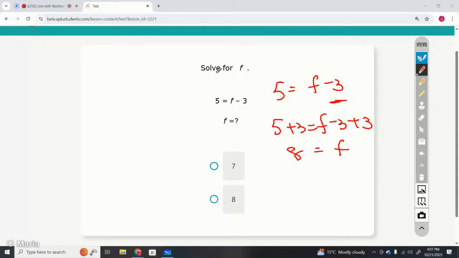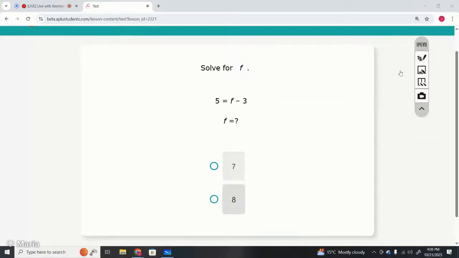So f equals 8. Option number 2 is the correct option.